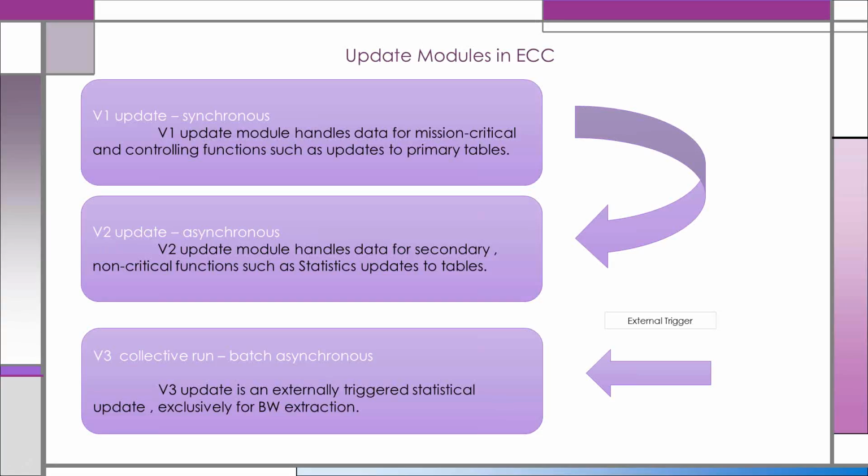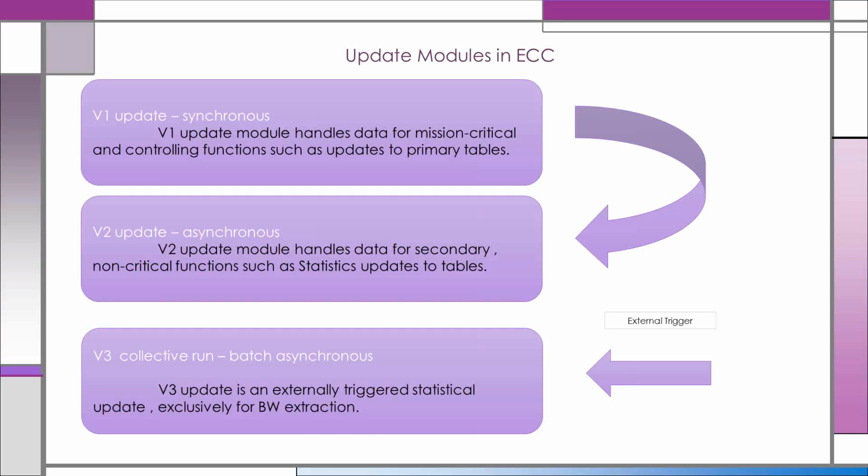So what will happen here is, in V2 update, the data are stored for the non-critical functions, such as the statistical table, the one you saw before, right? So whenever a data document is posted, when V1 update happens, it only loads the data into primary tables. That's only for the operational purposes.